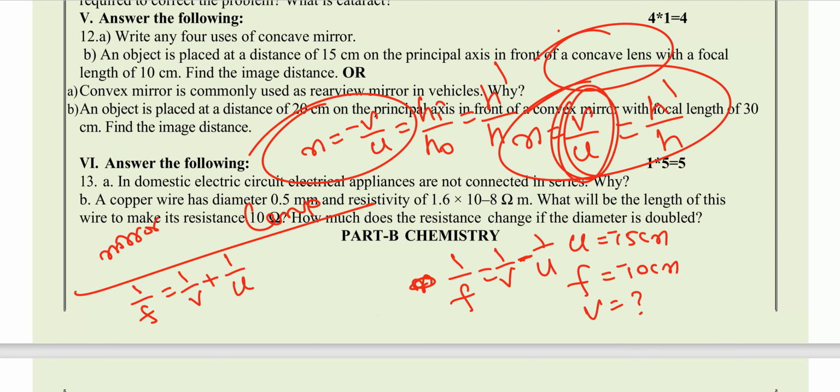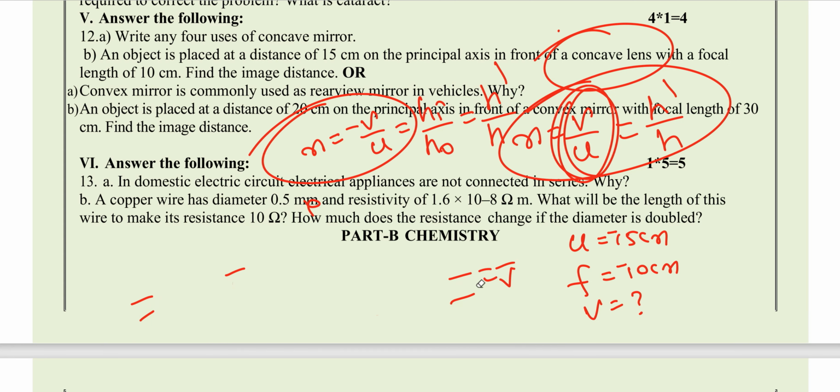Now come back to this problem. Now this is mirror or lens? Lens. Sure? Yes, sir. Sure? In a lens, the magnification is positive. So what is the formula? 1 by f is equals to 1 by v minus 1 by u.